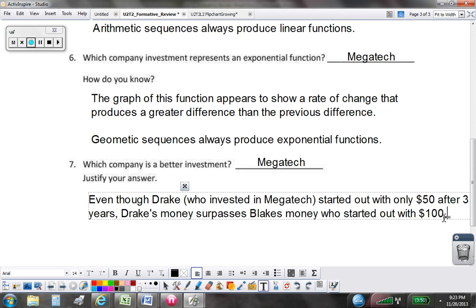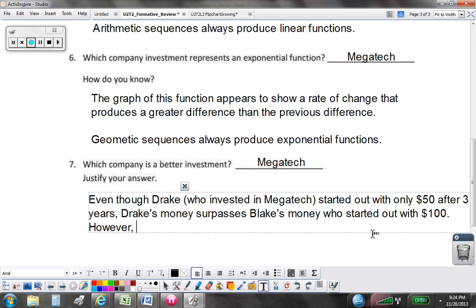So we're saying Blake started out with more money, and yet after just 3 years, Drake is going to surpass Blake's money in the bank with his investment. So clearly, Megatech is a better investment.